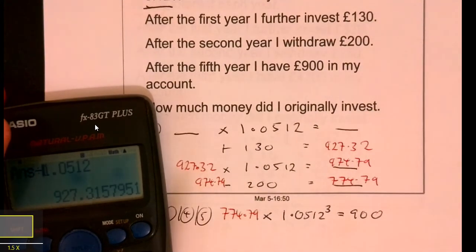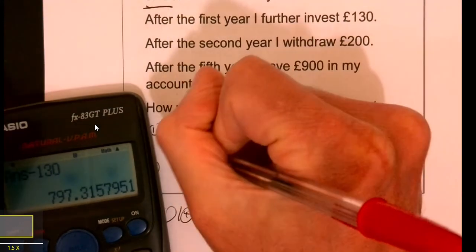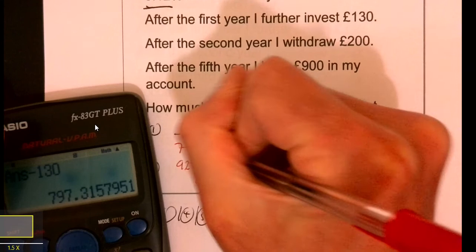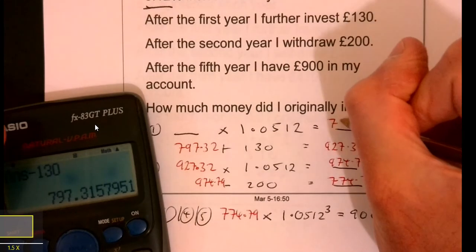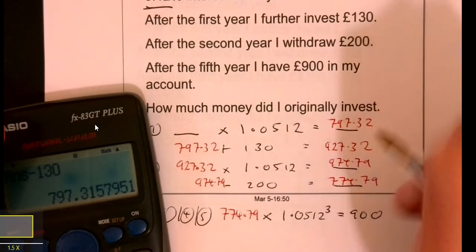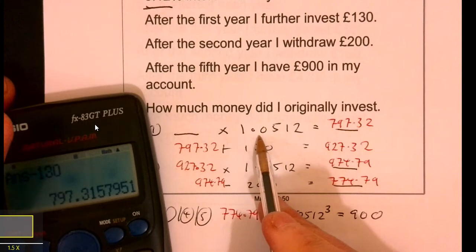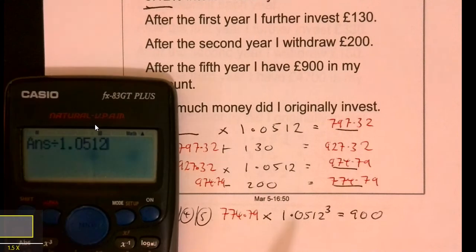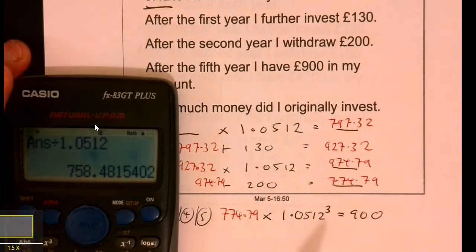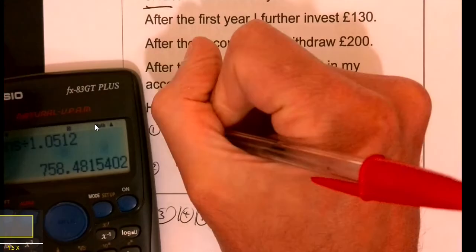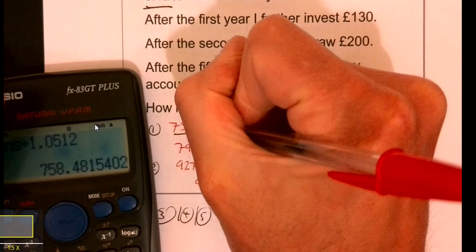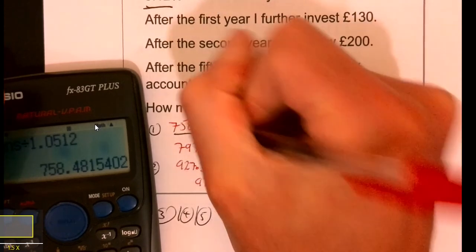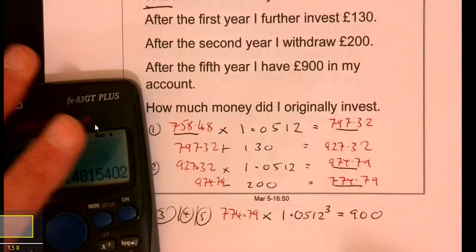Take away the 130. 797.32, and the last step to do is just undo that first percentage. So divide by 1.0512. What do we end up with? 758. And there we go, that's our answer.